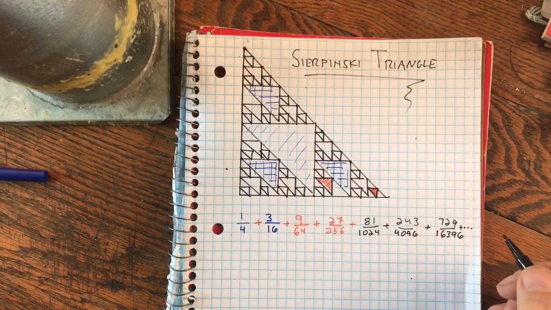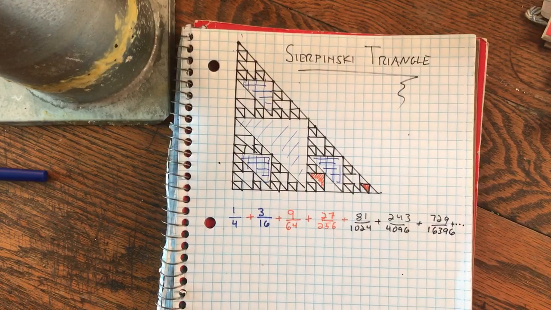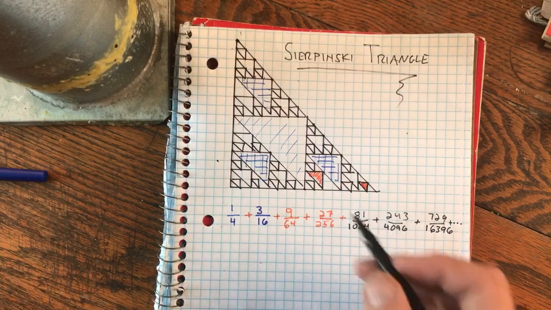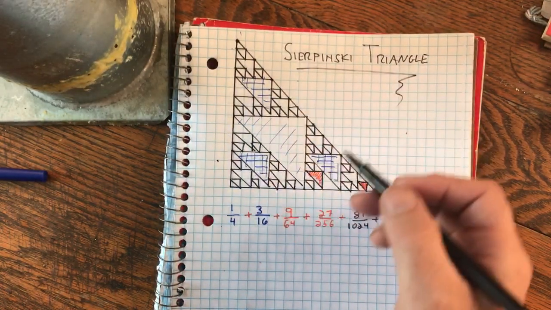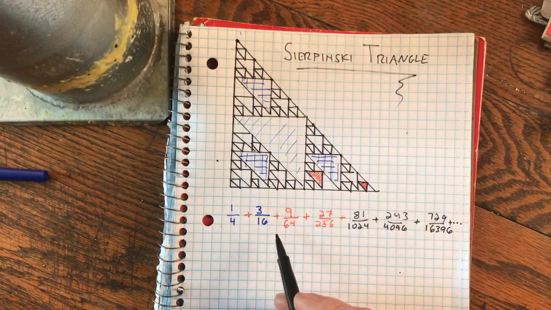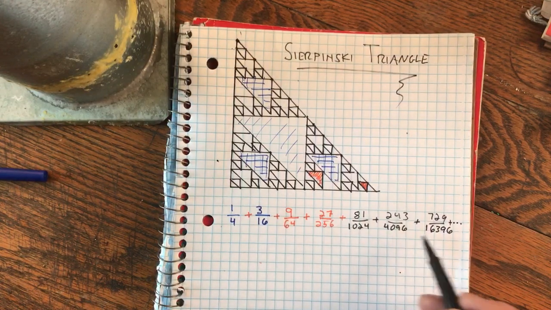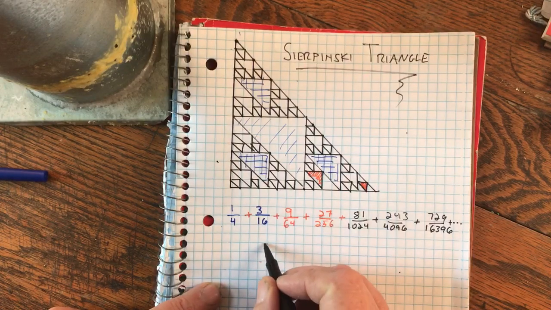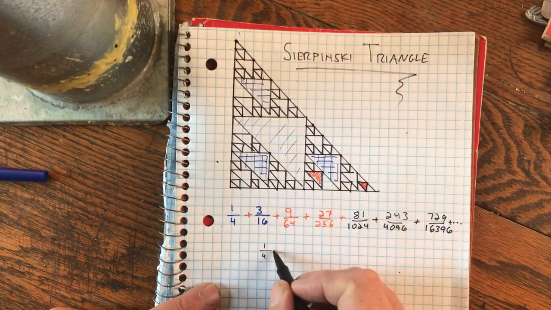And this process will run forever. The question is, what do they all add up to? How much of the triangle is empty? How do we add up infinitely many things? How do we add up an infinite sequence of fractions?